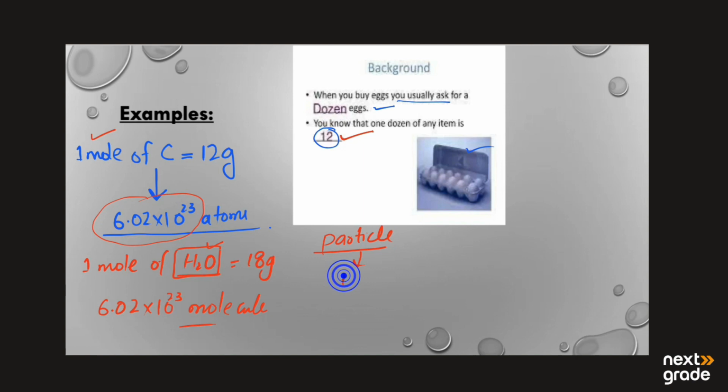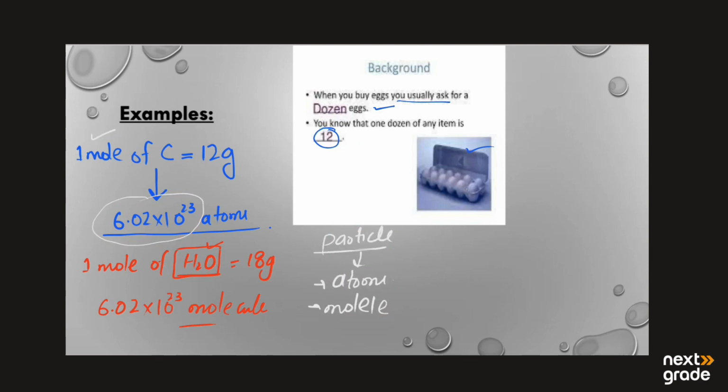If the substance has atoms, we find its atoms; if it has molecules, then 1 mole of water is equal to 6.02 × 10^23 water molecules. So we must know how many atoms or molecules are present in the given substance.